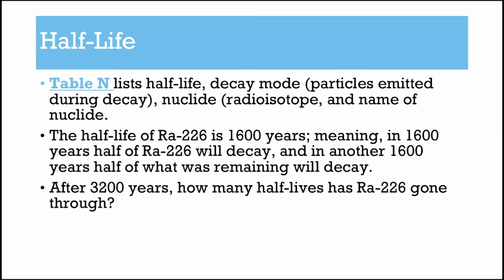Now, after 3,200 years, how many half-lives have we gone through? In 1,600 years, that's 1 half-life. This number is just double 1,600, so that's 2 half-lives. If we start with, let's just use fractions, a whole piece of sample, after 1,600 years go by, we're left with half.